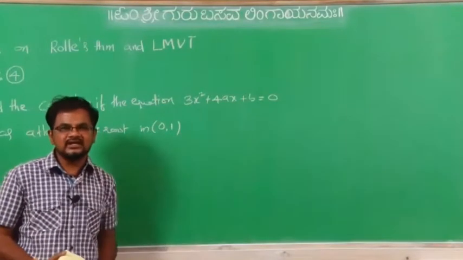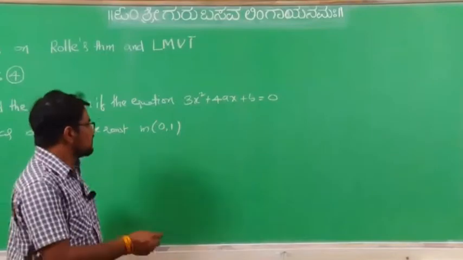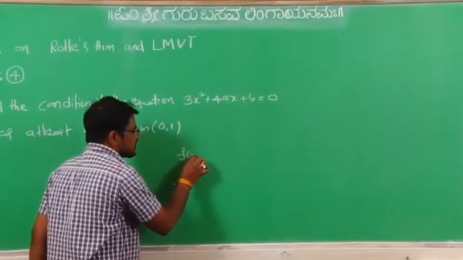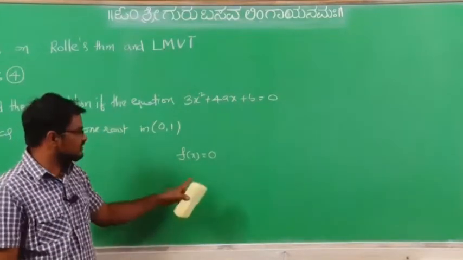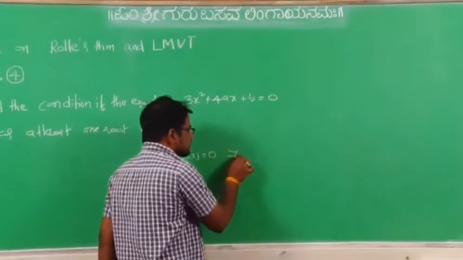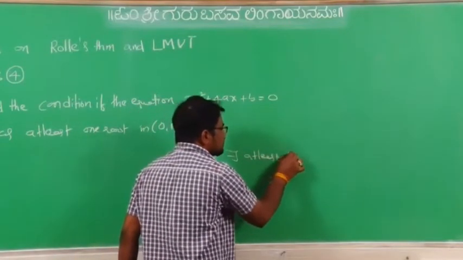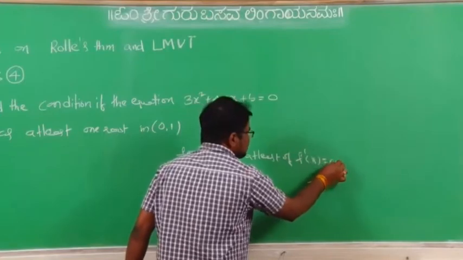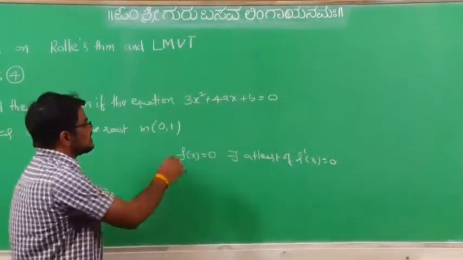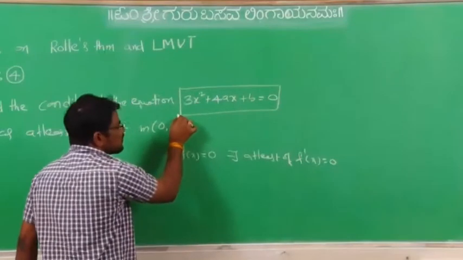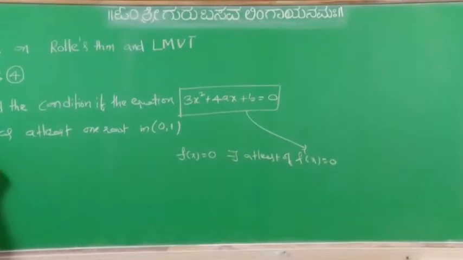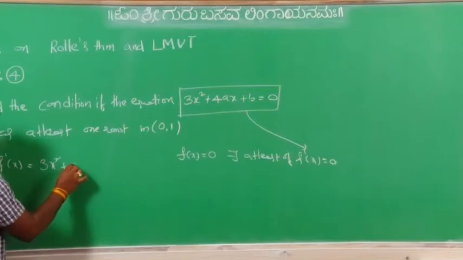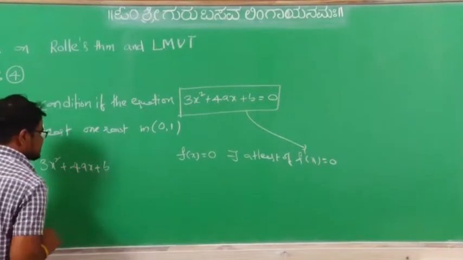By Rolle's theorem we know that between any two roots of the equation f of x equal to 0, there exists at least one root of the equation f dash x equal to 0. So the given equation is f dash x. Therefore f dash of x equal to 3x square plus 4ax plus b.